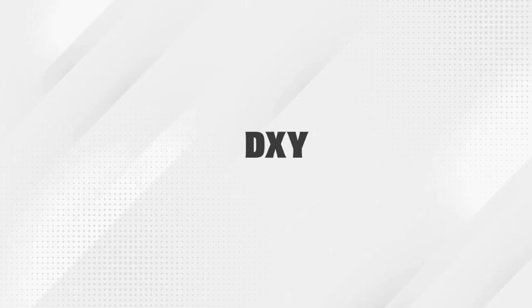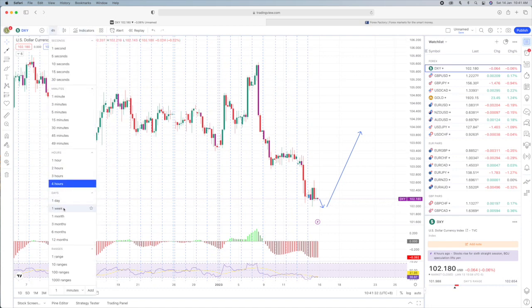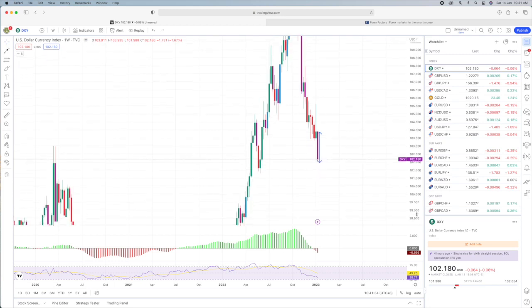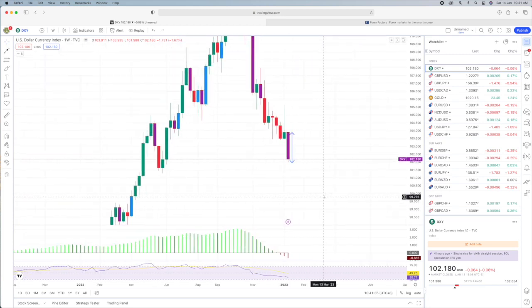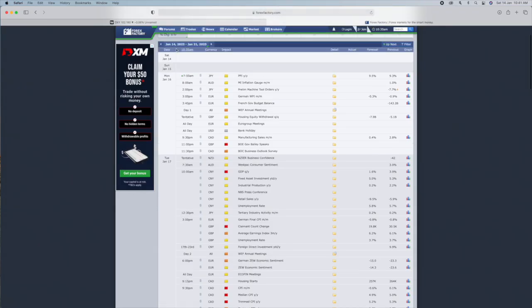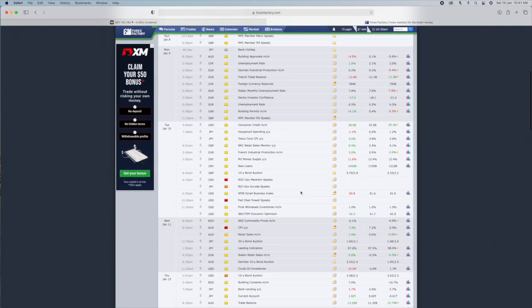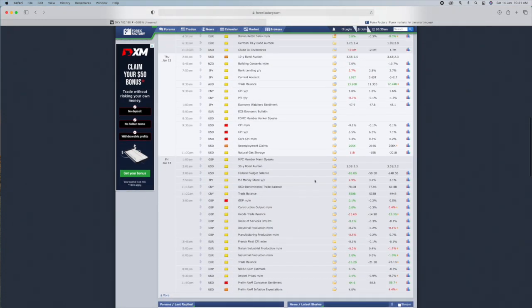What I see on DXY, let's go to the weekly. Based on the CPI, last week the CPI came as they expected.